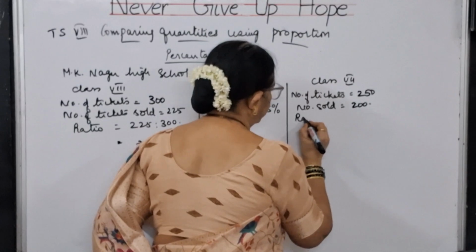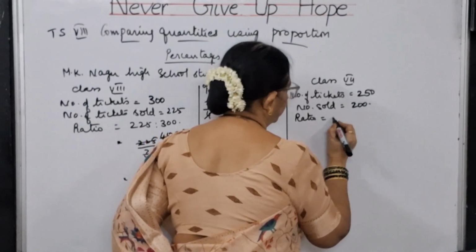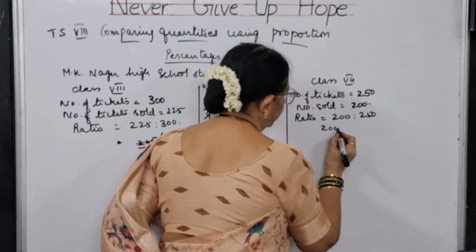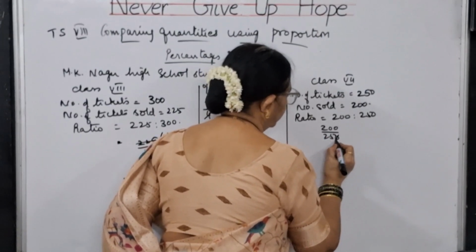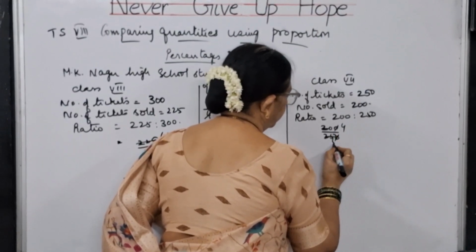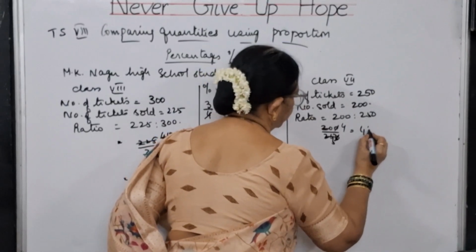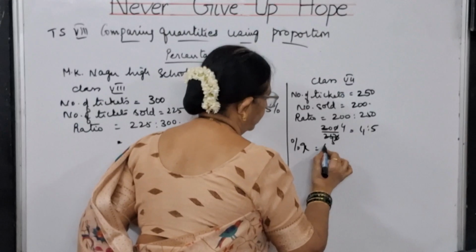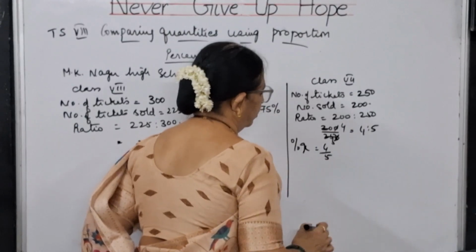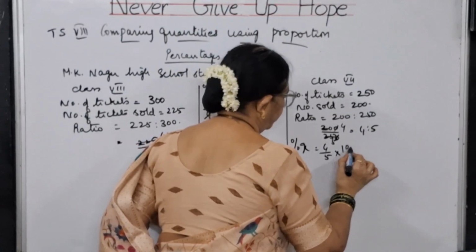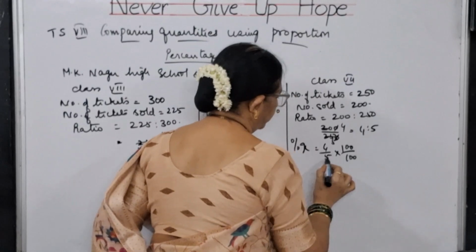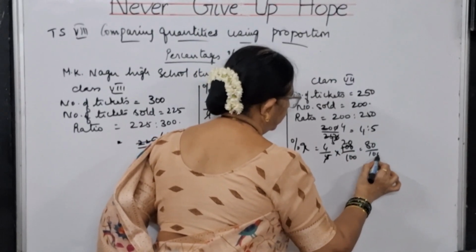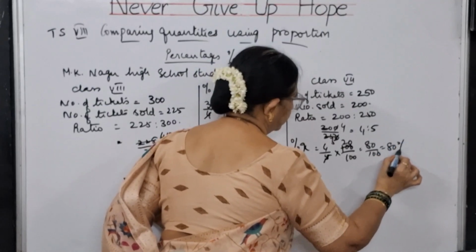So what is the ratio? The ratio is 200 is to 250. So let us take 200 by 250 and simplify. 5 fours are 20, 5 fives are 25. So it is 4 is to 5. So for this you have to go for percentage, that is 4 by 5 into 100 by 100. 5 twenties are 100, that is 80 by 100, that means 80%.